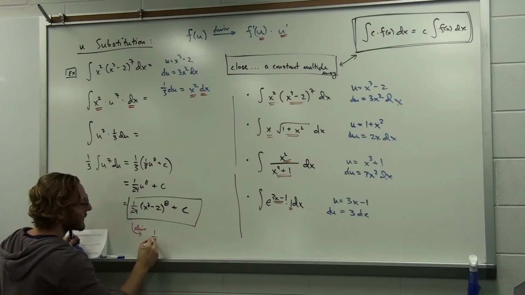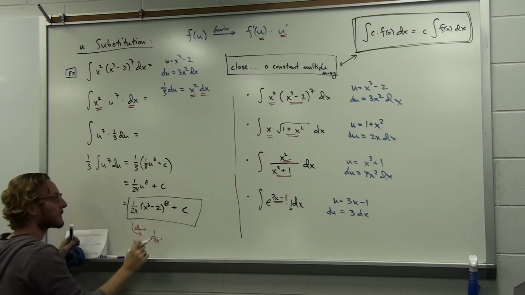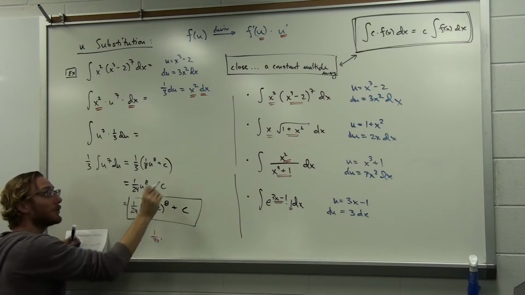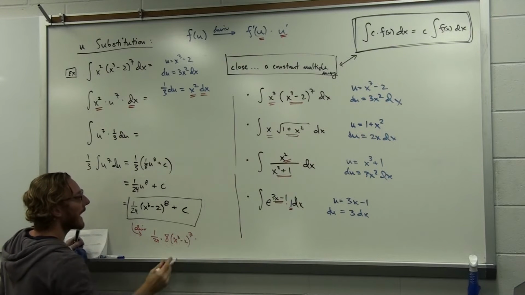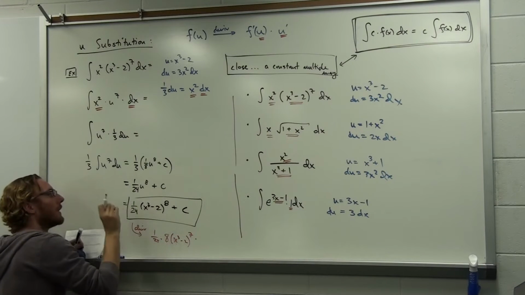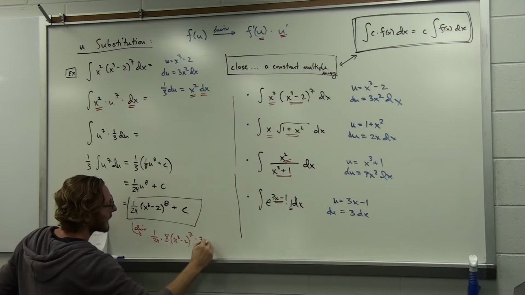The 1/24th is going to be unaffected. And then what else do we got? We want to take the derivative of this piece, but that piece is like a u to the 8th piece. So that would be 8 times x cubed minus 2 to the 7th, times the derivative of what's inside, and that would be 3x squared.